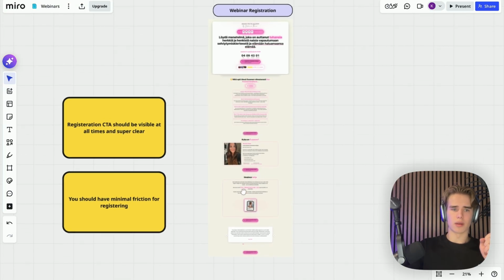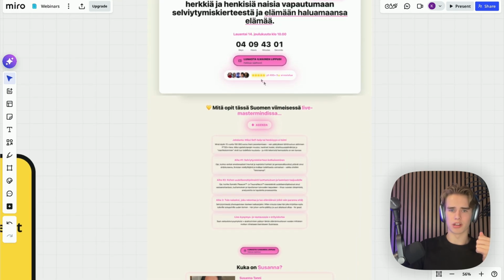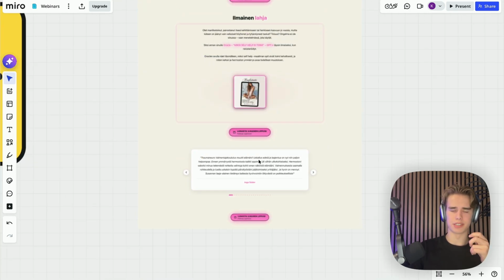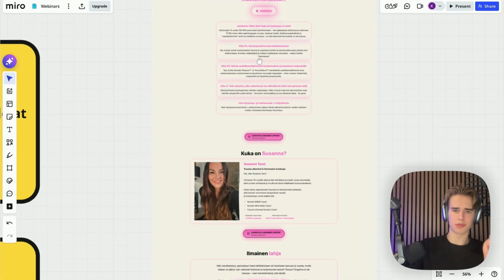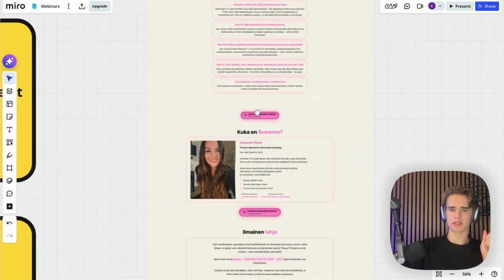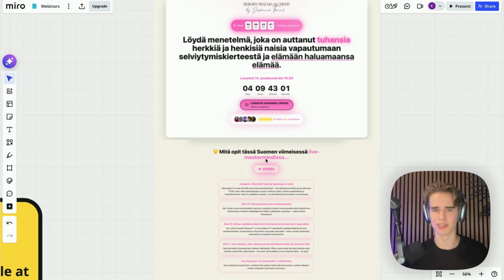Then just a couple of side notes: the registration CTAs should be visible at all times, so you should have them after every single section, and it should be super low friction to sign up. Especially in the US markets, you need big buttons and arrows to the CTA buttons because some of these guys just don't know how to actually register for the webinar.